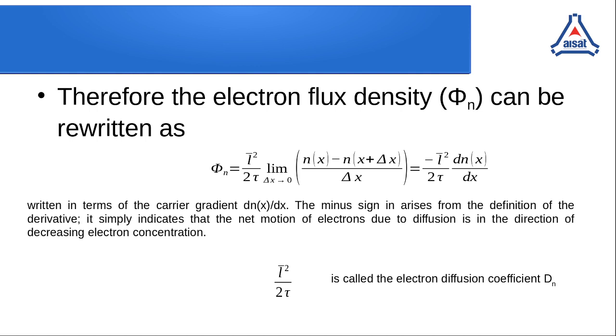This is the definition of the derivative. So we are just substituting the limit term with the differential term. So now the electron flux density phi n is equal to minus L bar square by 2 tau dn of x by dx.